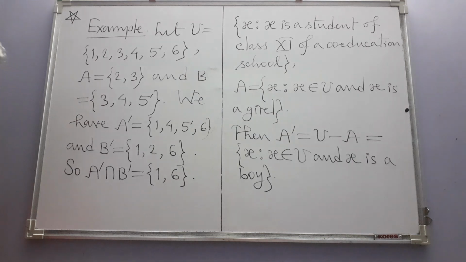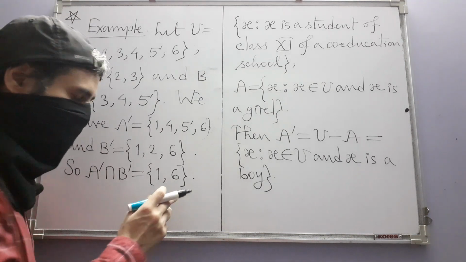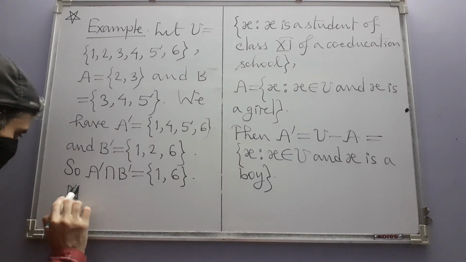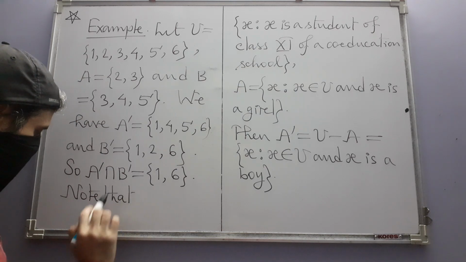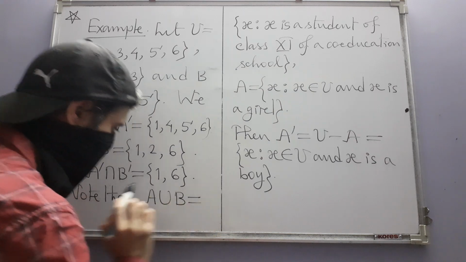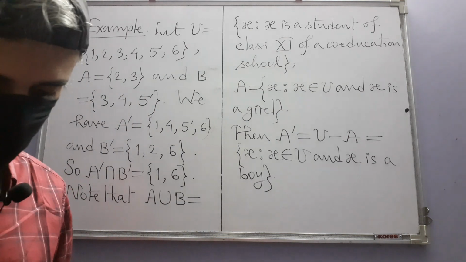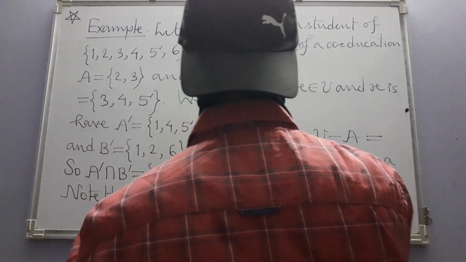So the intersection is this. You may say, okay, one can find this, what's the big deal? However, now we are going to find another set. Note that we are first of all going to calculate A union B. We are getting to something. Okay, we are not doing things arbitrarily here.